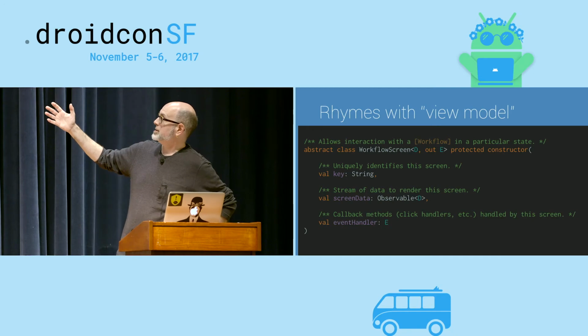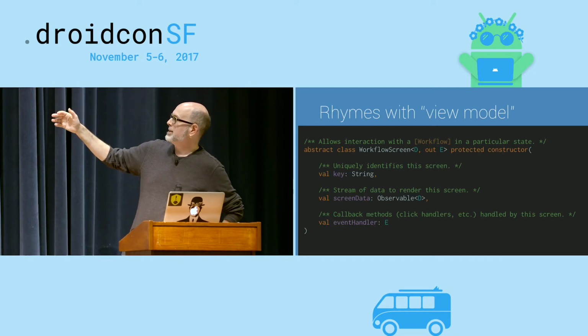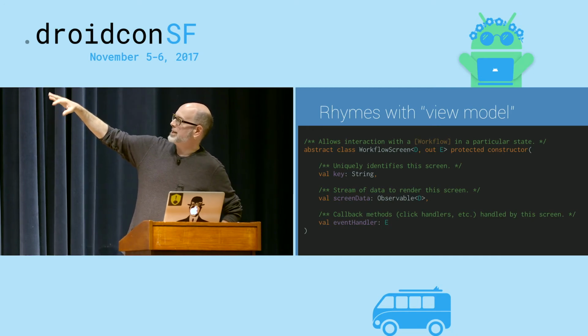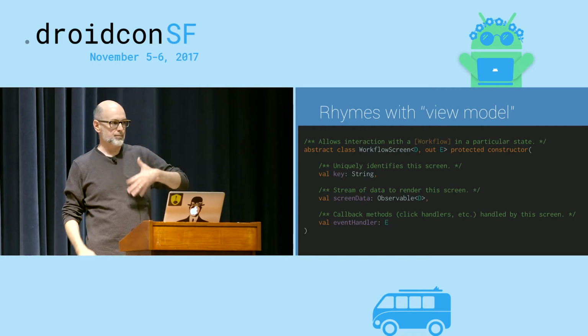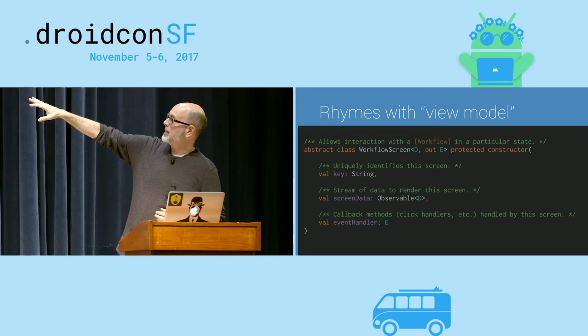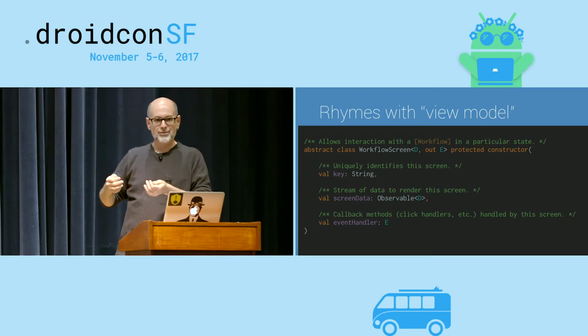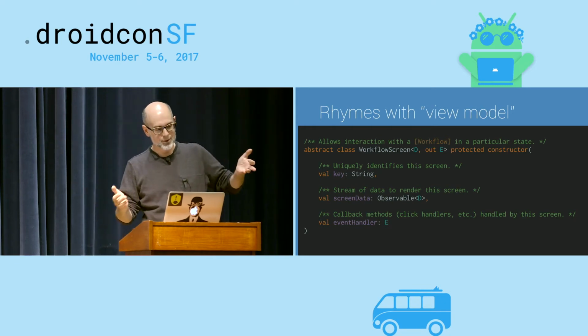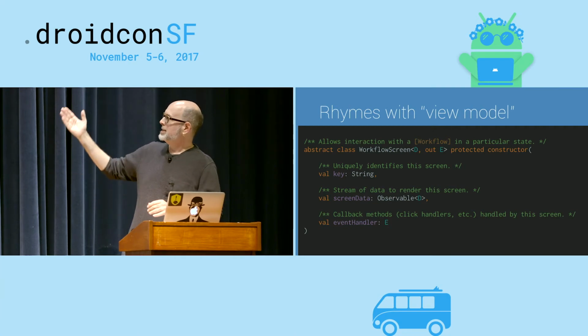Each of our workflow screens is kind of a tuple, or really a triple, with a key, a name that uniquely identifies this particular set of stuff you want to put in front of your user. An observable of screen data, which you also might have called view model, except view model meant something else too, and so screen data was nice and neutral.